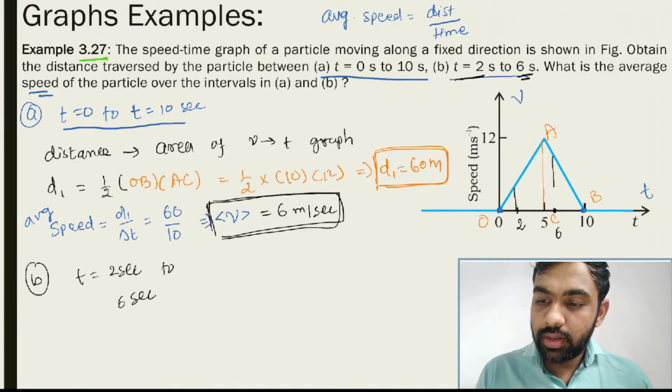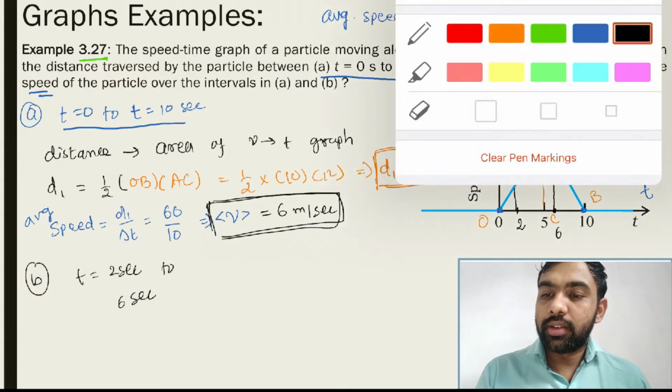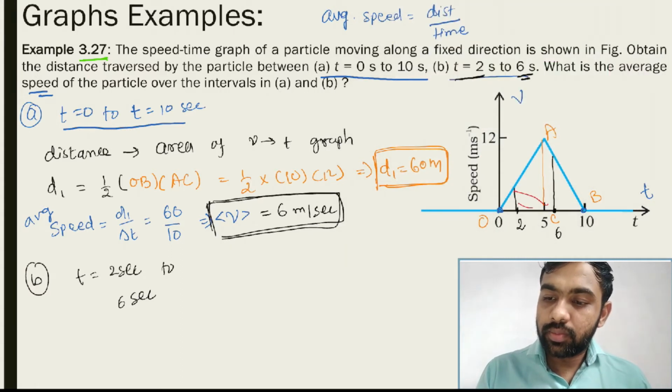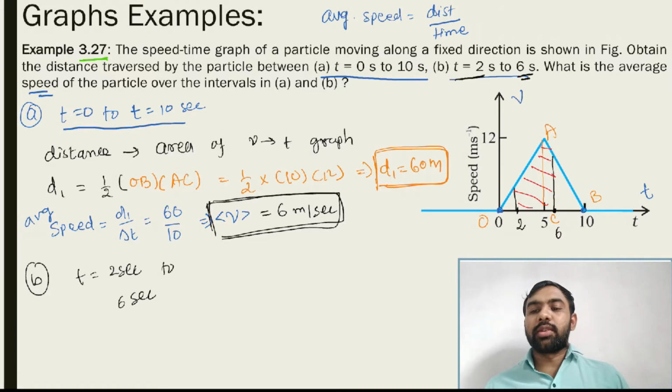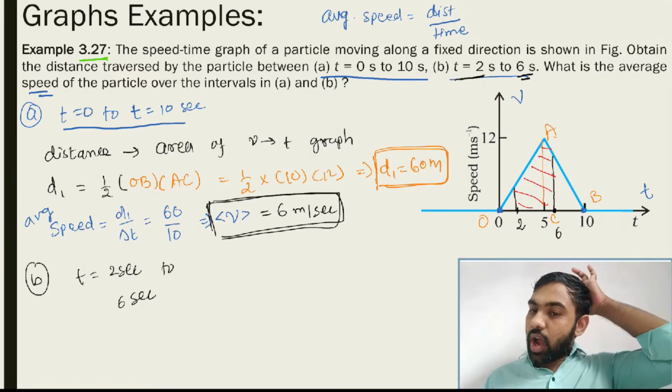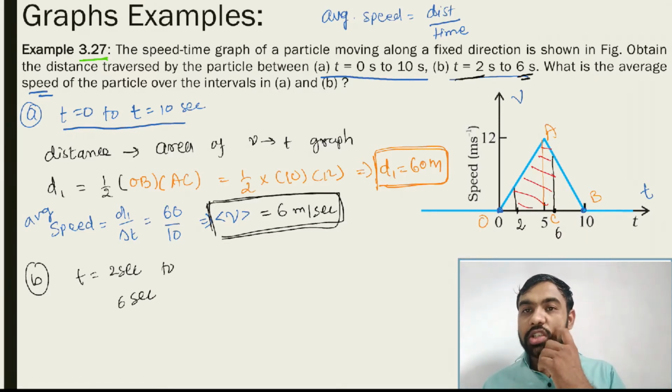You just find this area, and this is your answer. But how do we get this? That is an irregular shape. That's not a triangle, that's not a circle. It is a completely irregular shape. Then how do we find this?